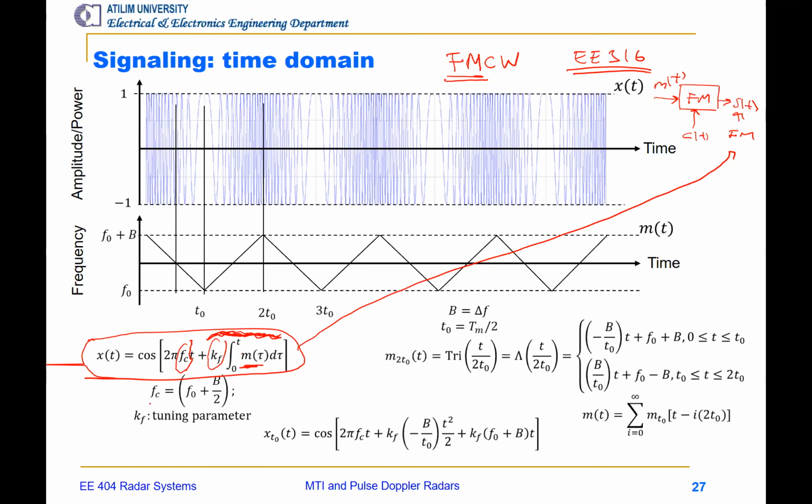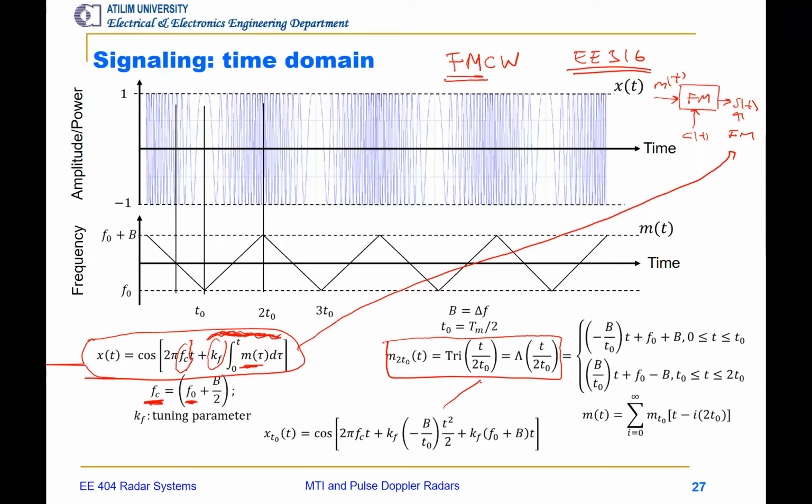And here the center frequency or carrier frequency is taken as f_0, which is the minimum frequency, plus B over 2. And the message signal here is taken as a triangle. Mathematically, a triangular signal is given here.